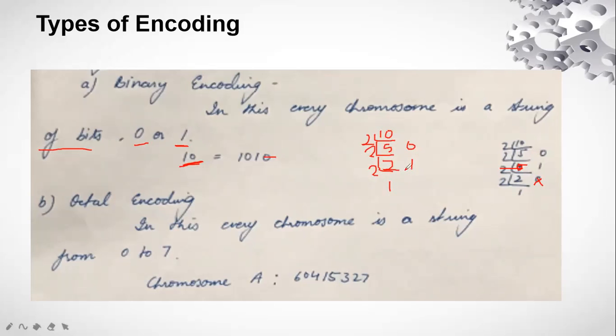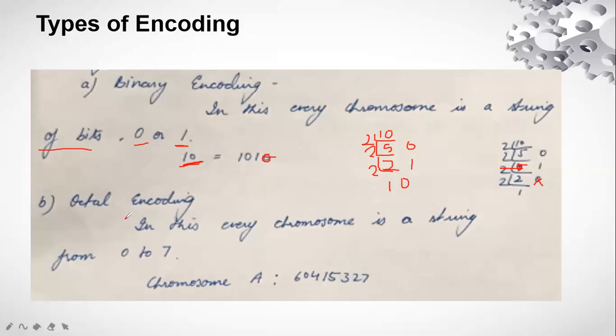So what you get is 1 0 1 0. You start reading from here, so 1 0 1 0. This is right. So this is the form we get for 10 in binary.